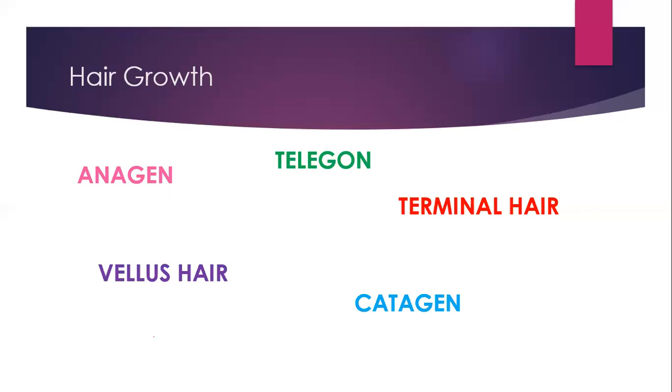And lastly, catagen. What stage of growth is catagen? So if anagen is active, catagen is, there's a word beginning with C. So it's changing.